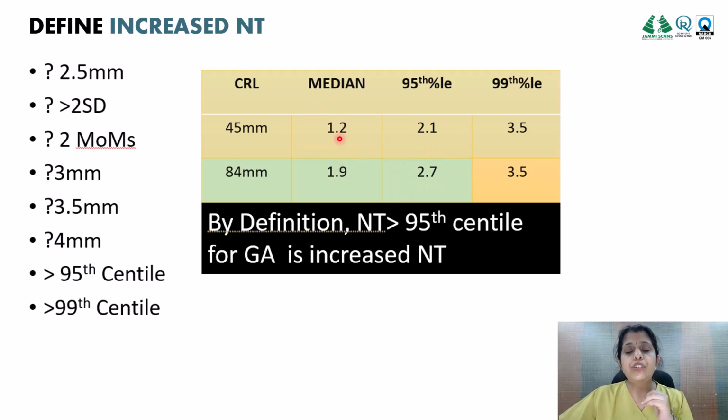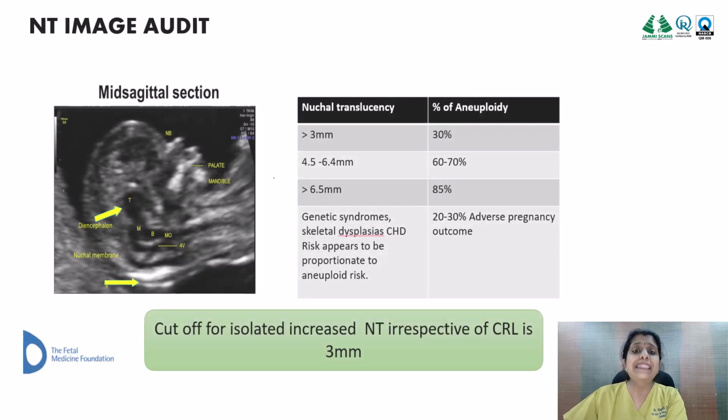The median value should be anywhere less than 2. But what do we take as a cutoff? 3 millimeter. And why 3 millimeter? Anything above 3 or 3.5 falls well ahead, at the 99th centile. So it's preferable to take the cutoff as 3 millimeter rather than 2 or 2.5 or 2 MoMs or 3 MoMs. So it's always preferable to take the NT cutoff as 3 millimeter.